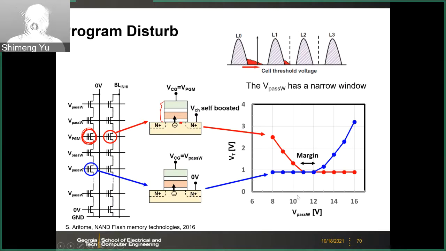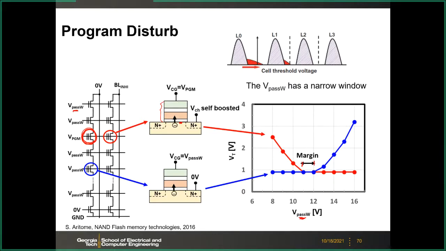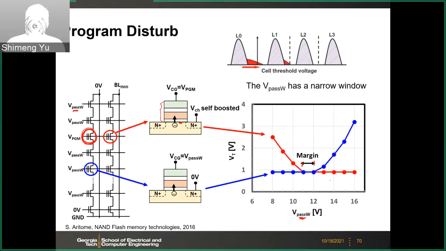So here there is a criterion for this V pass W. This V pass W voltage is critical. You see that there is a narrow margin for the V pass W. If the V pass W is too large, you may imagine what will happen.